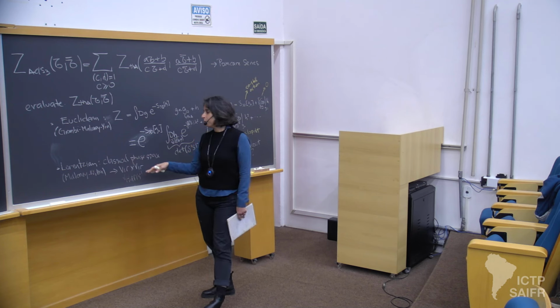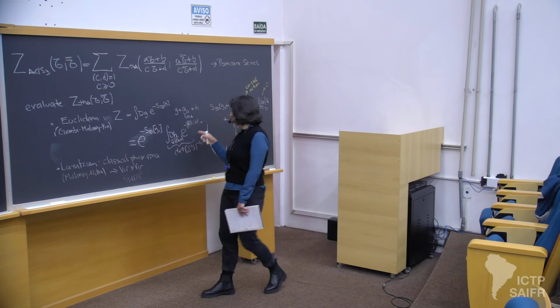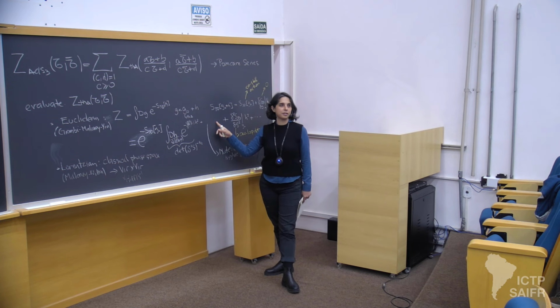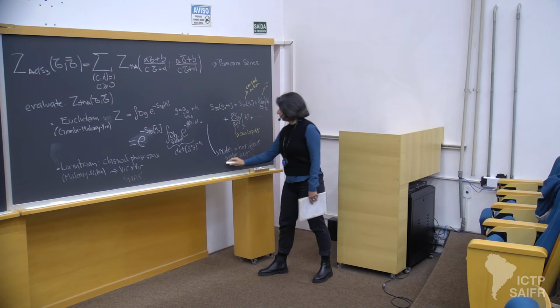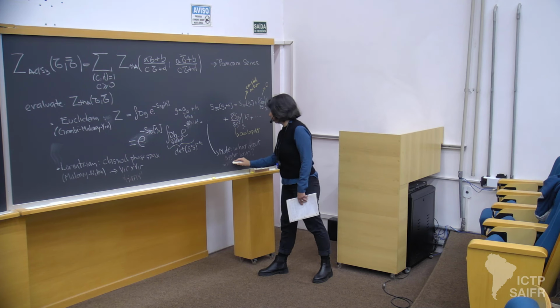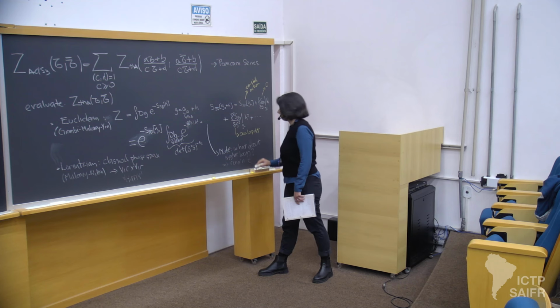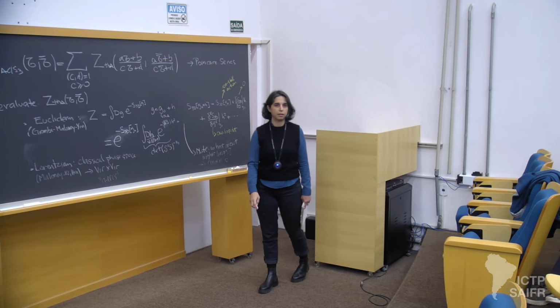So the folklore is that if you kept on doing higher loop corrections here, they would be basically trivial. The only thing they will do is renormalize the value of the central charge, but they will not change the ADAP part. You're not going to get anything interesting. So the only thing that higher loops can do is renormalize C.